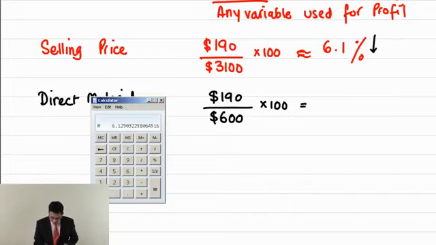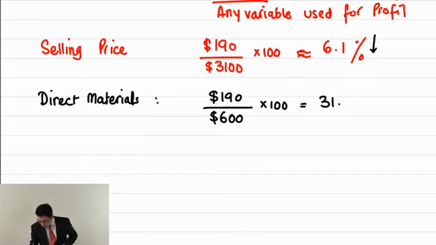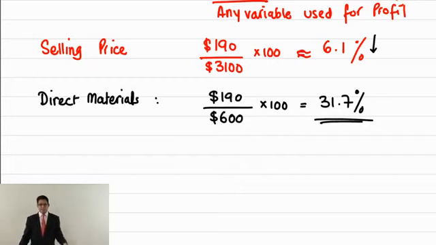First of all, let's get the percentage and then we will interpret the results, which comes to approximately 31.67 or 31.7%, meaning to say if the suppliers or any other inflation or oil and petroleum effects or any other reason, shipment charges, if the price or cost of direct materials increases by 31.7% in the market, the profit of $190 will go down to zero.